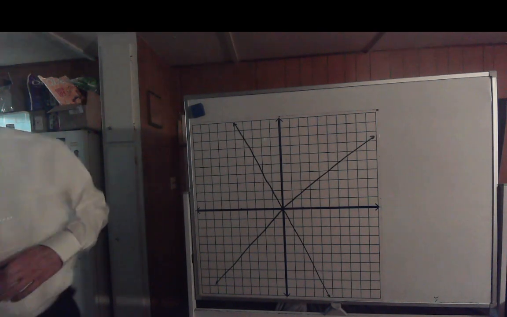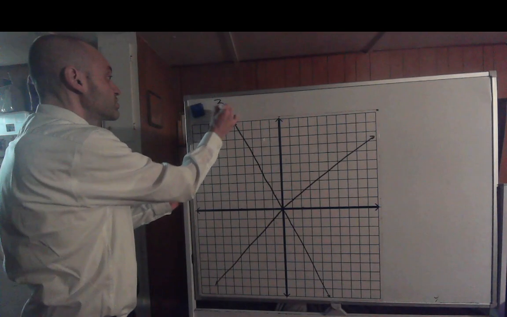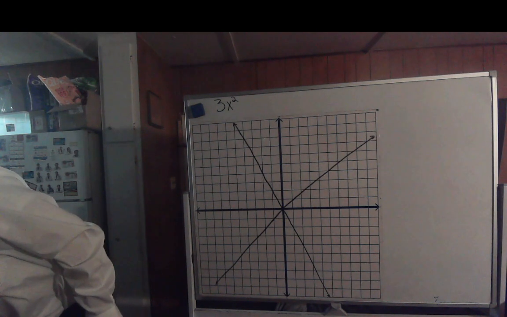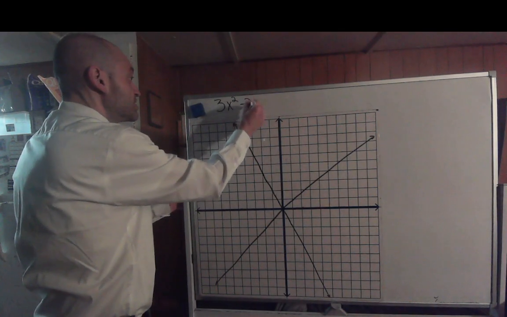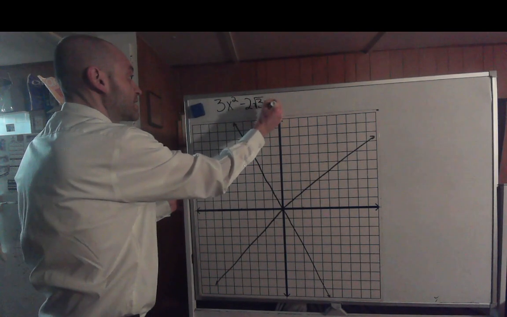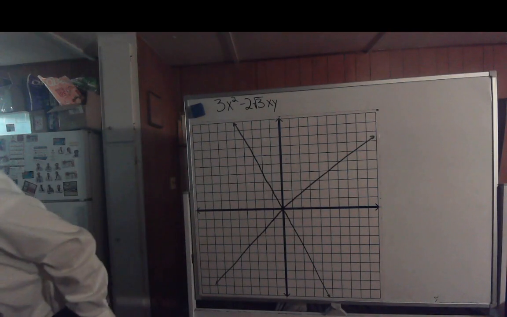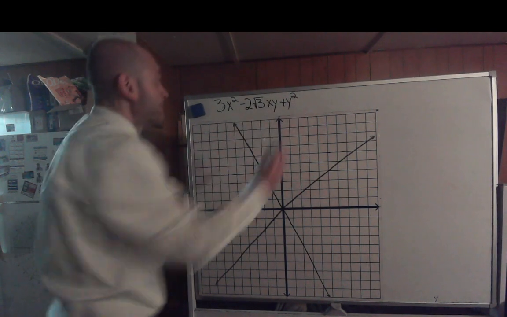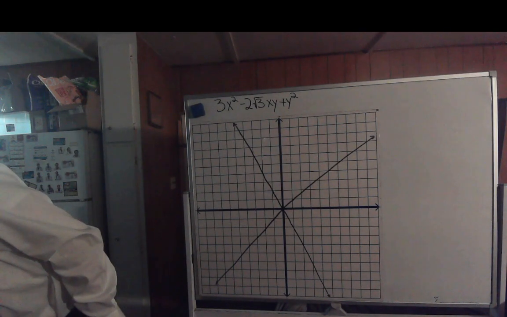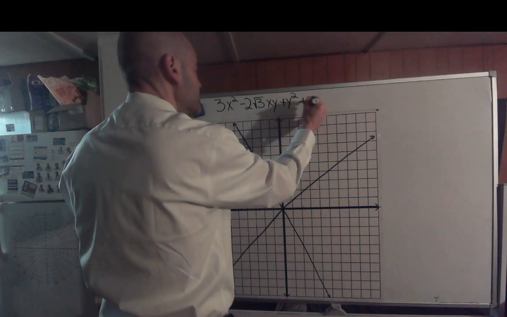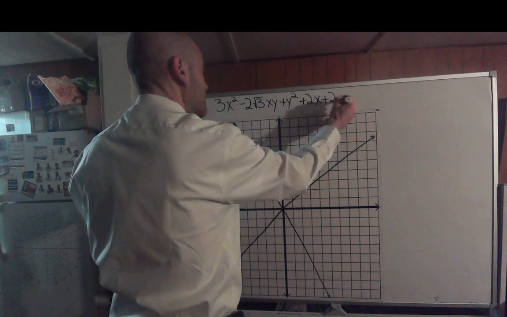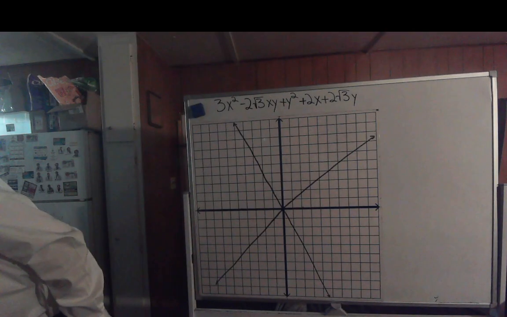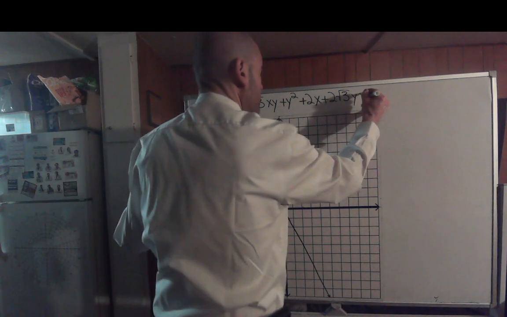Let's try this one. So we have 3x squared minus 2 times the square root of 3xy plus y squared plus 2x plus 2 times the square root of 3y is equal to 0.